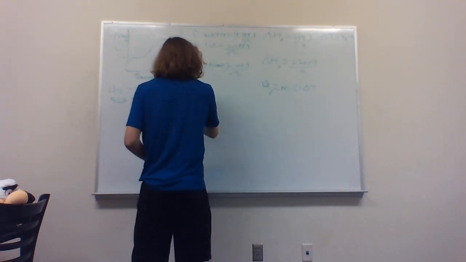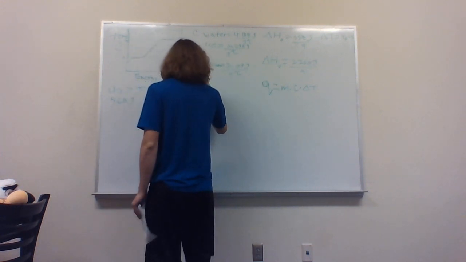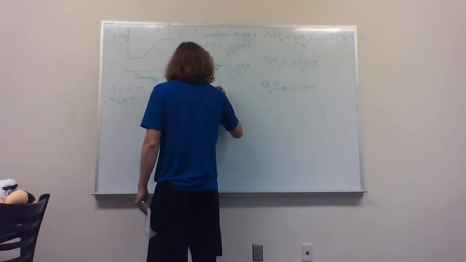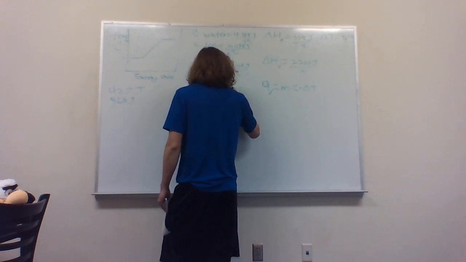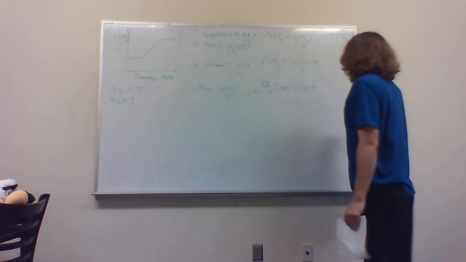So, real quick, this one should be really easy, because we're going back into familiar territory of 4.184 for water. So 1.70 grams times 4.184 joules per gram Celsius times 100. How do we know it's 100 degrees Celsius?